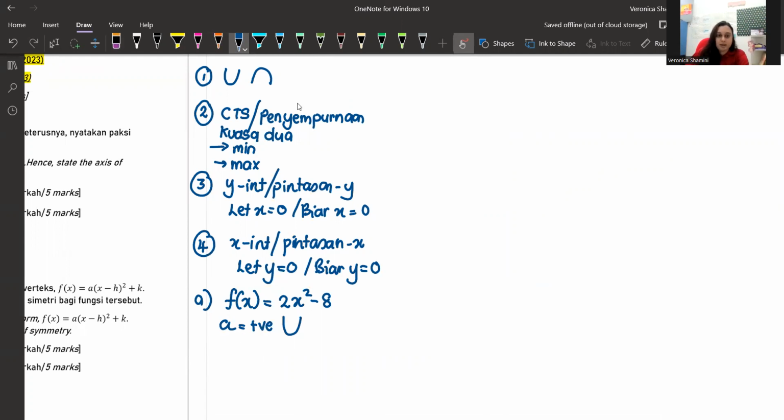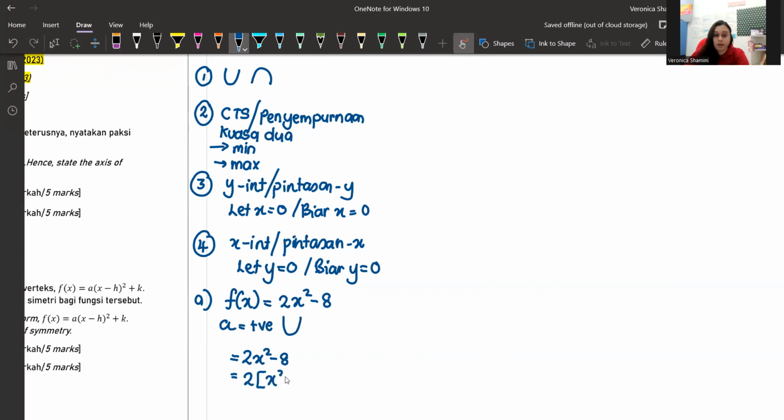Okay. Second one, you have to do CTS method. Here you see the equation. Tengok persamaan. In front of the x kuasa 2 cannot have a number, isn't it? Like must be number 1 only, right? So you take out the number 2. You pull out.